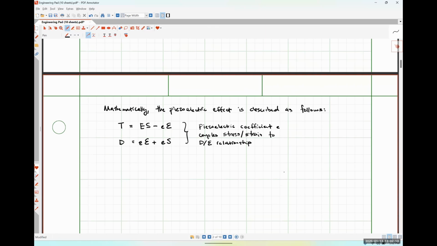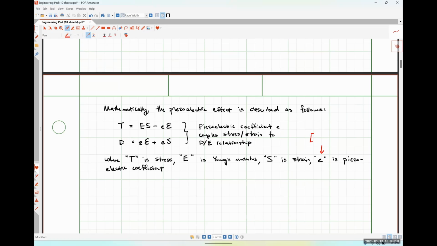So now let me literally spell it out, where T is stress, capital E is our Young's modulus of elasticity, S is strain, E is the piezoelectric coefficient, while I'm at it, the units on our piezoelectric coefficient is coulombs per meter squared.